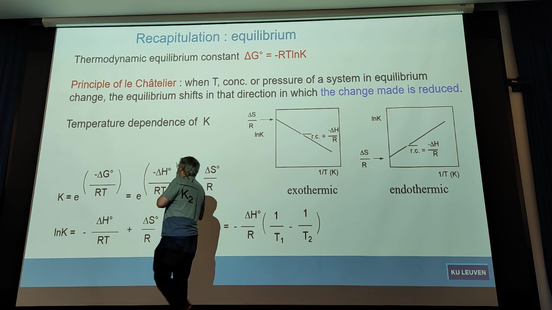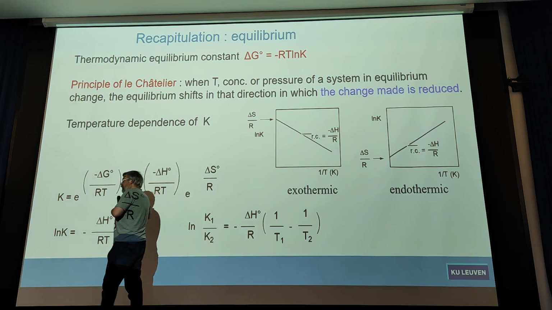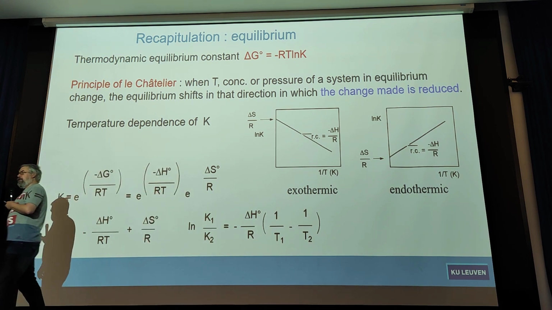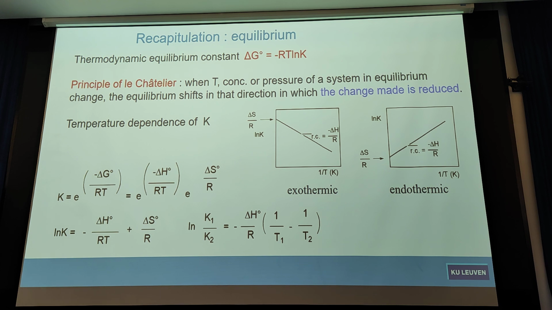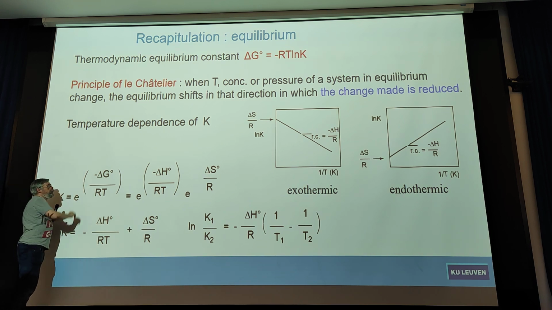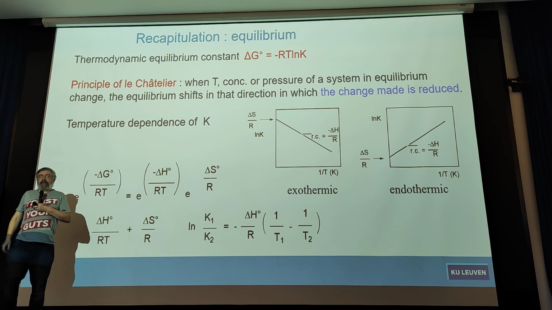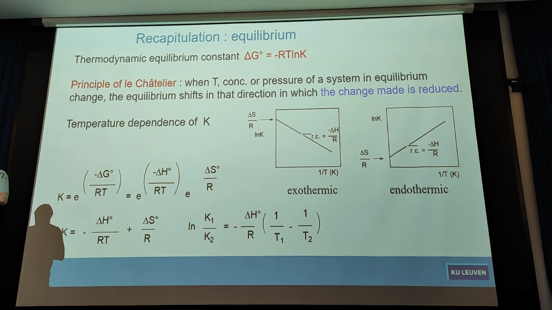So here we can see why it is the enthalpy which is important. Because you can split up the enthalpy and the entropy parts. And this is another way of writing the thermodynamic equilibrium constant. So we split it up in an enthalpic and an entropic term, and it's only the enthalpic term which contains the temperature.